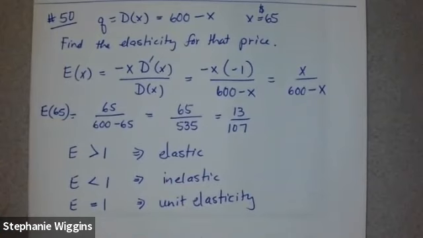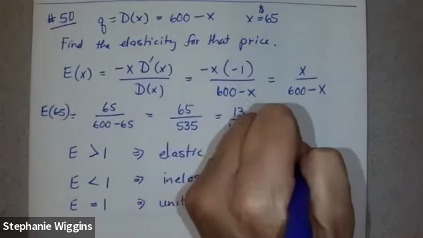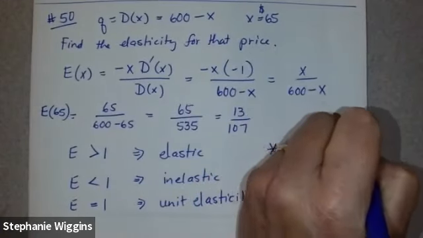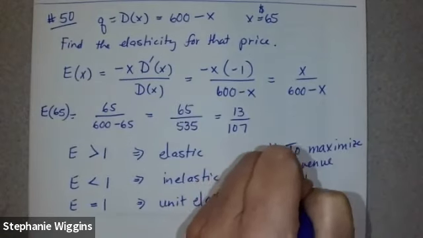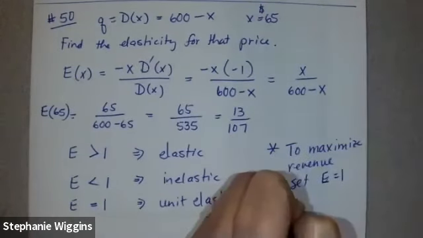Okay. Now, also, when you want to maximize revenue, you set E equal to 1. So that's important. And we'll do a problem like that. To maximize revenue, set E equal to 1.